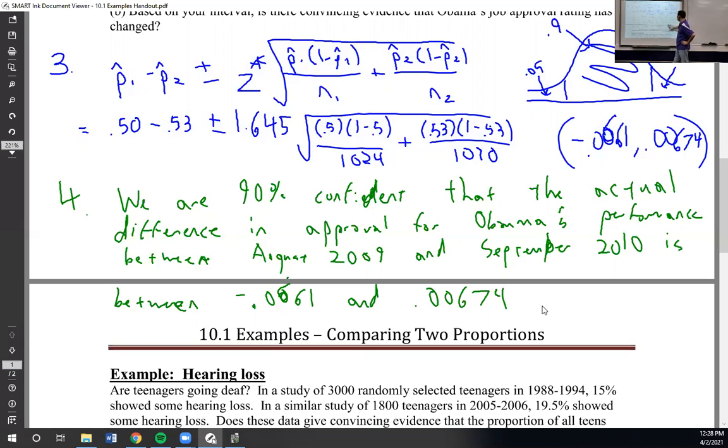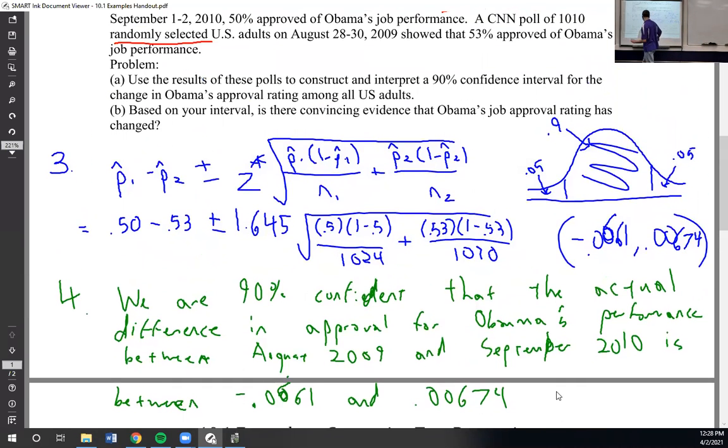Okay, before I go on, let me talk about part B real quick, because we've mentioned it before in chapter 9, but we're going to mention it here again. Based on this interval, is there convincing evidence that Obama's job approval rating has changed? This has to do with the linkage between a confidence interval and a 2-sided hypothesis test.